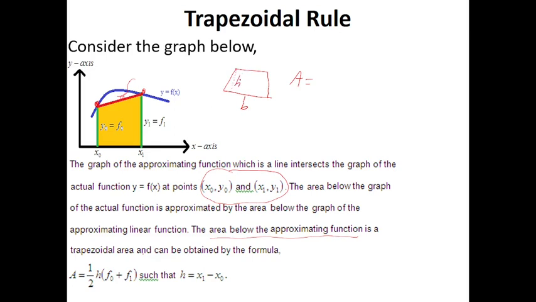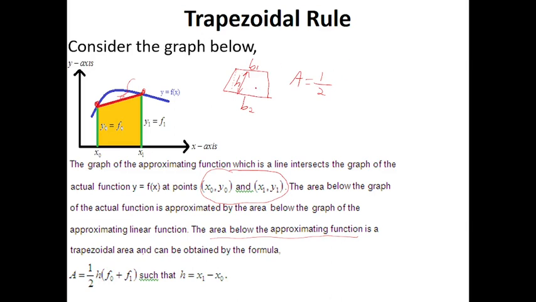So we have two bases, base number 1 and base number 2, then the height or the altitude.